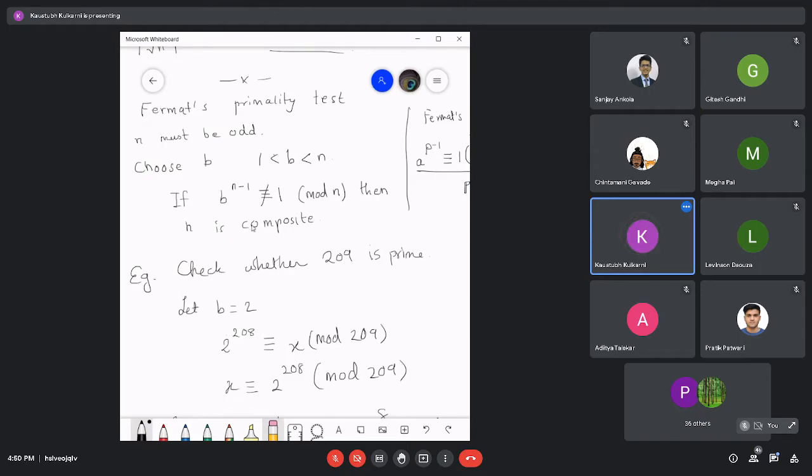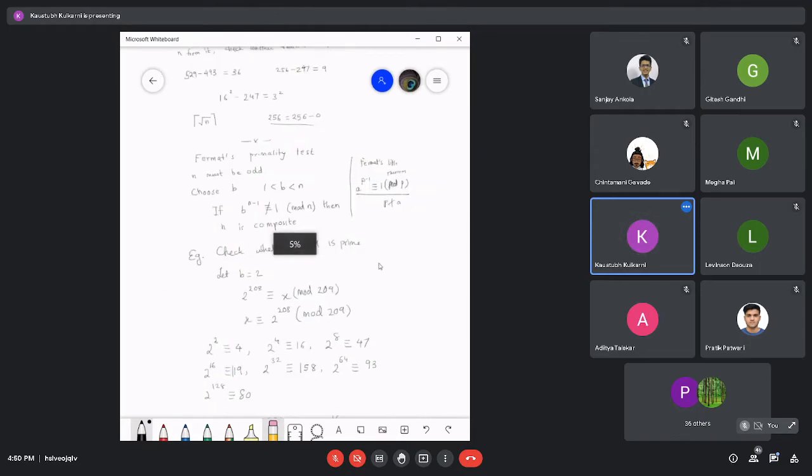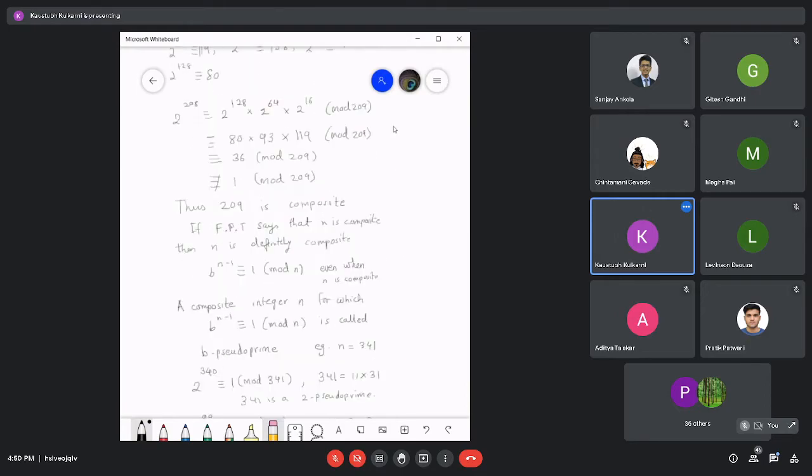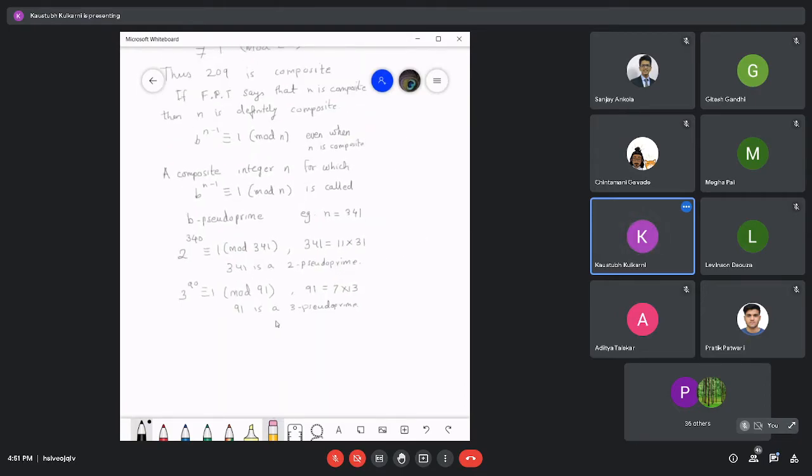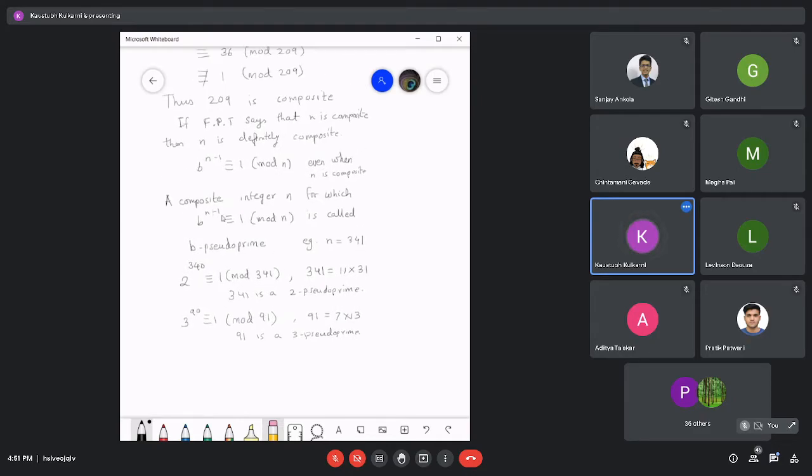What happens is, actually there are some numbers for which b raised to n minus 1 is congruent to 1 mod n, and if we believe in the theorem, we would say that n is not composite.